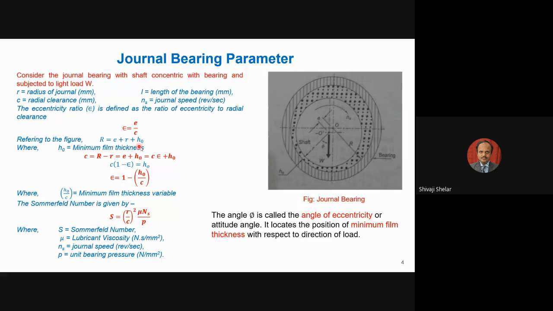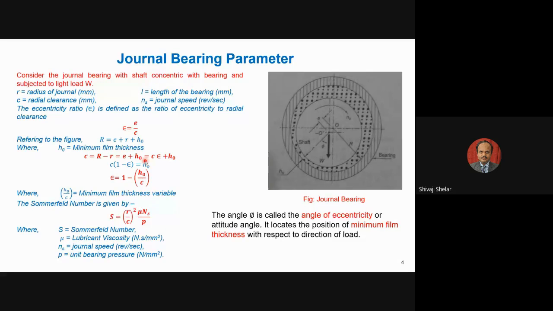H0 is the minimum film thickness, E is the eccentricity, and R is the already defined radius of the journal. We know clearance C is equal to capital R minus R. If I put the value of capital R as E plus R plus H0, then R minus R gets cancelled out. So the clearance value is equal to E plus H0.